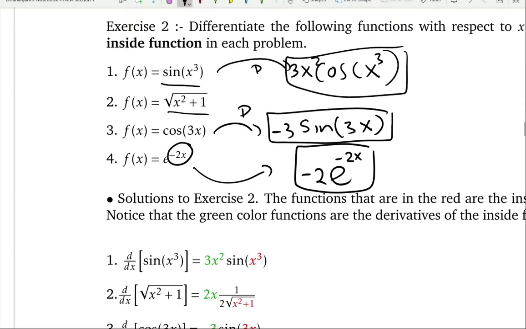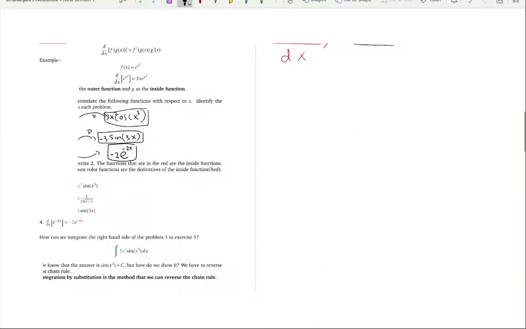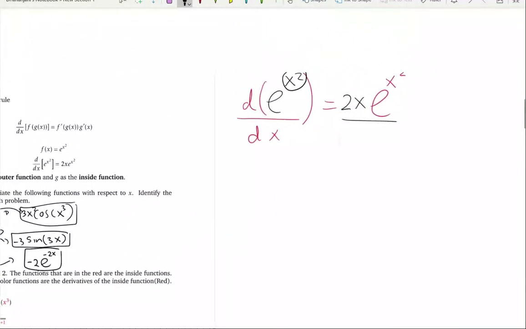Now I want you to notice, or understand, something very important. Here's the phrase I'm going to say. When we use the chain rule and differentiate the outer function, we pretend that our inside function is one variable. What do I mean by that? This is super important.